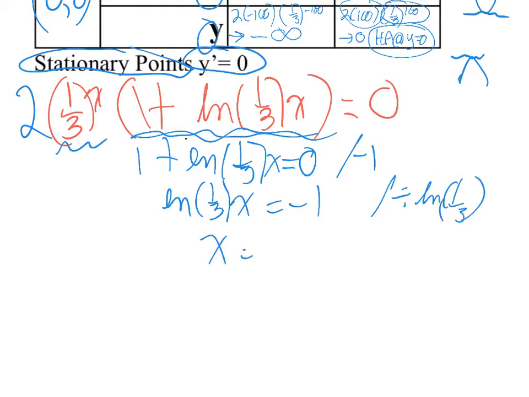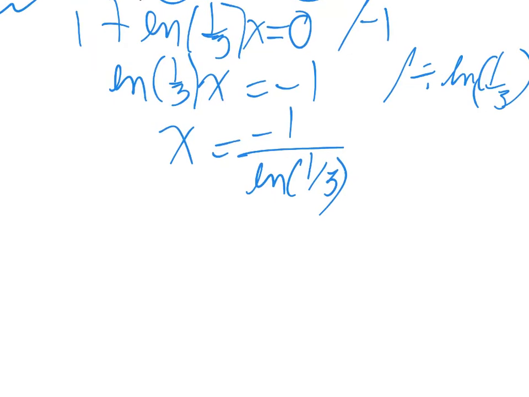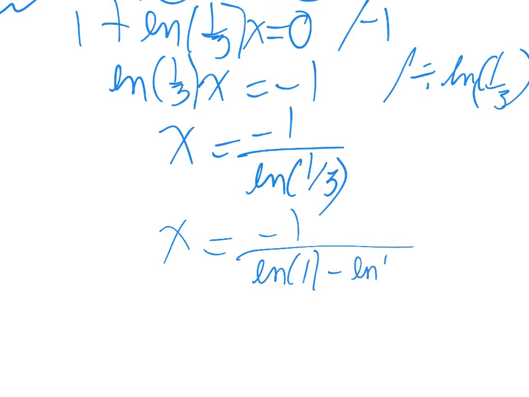So x equals negative 1 divided by ln of 1/3. Now I can rewrite that as x equals negative 1 over ln 1 minus ln of 3. Ln 1 we know is 0. So that ends up equaling negative 1 over negative ln 3, which is 1 over ln 3.